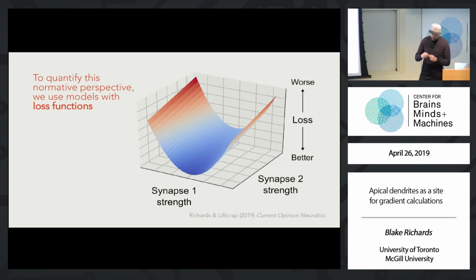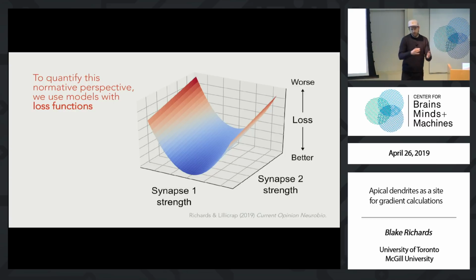So for perhaps some of the physiologists in the crowd, a loss function is just a function that tells you for each phenotype of the system, and that could be any component of the phenotype, but let's say for sake of simplicity that we're talking about synaptic connections.